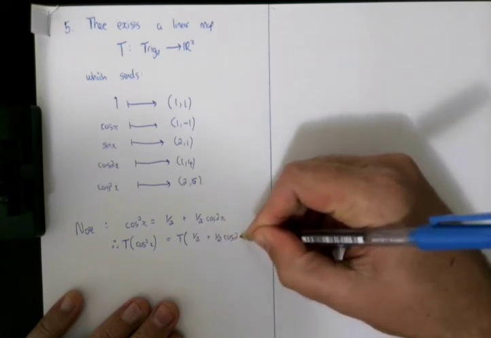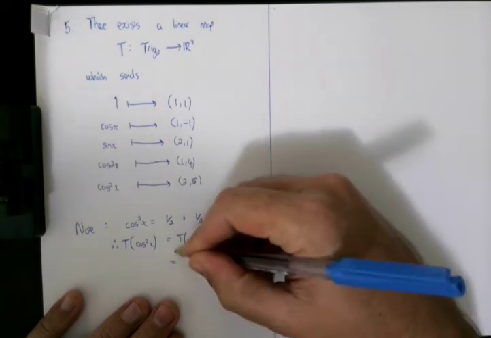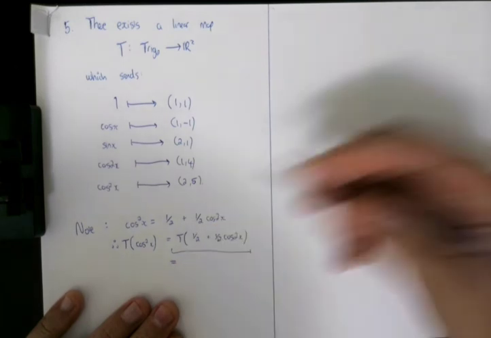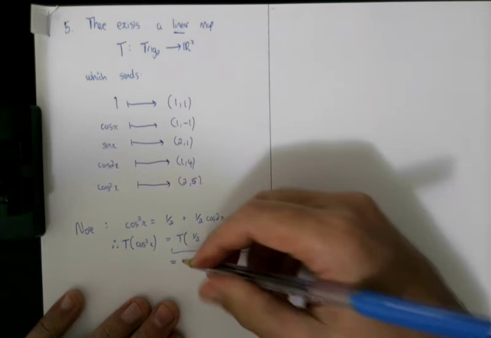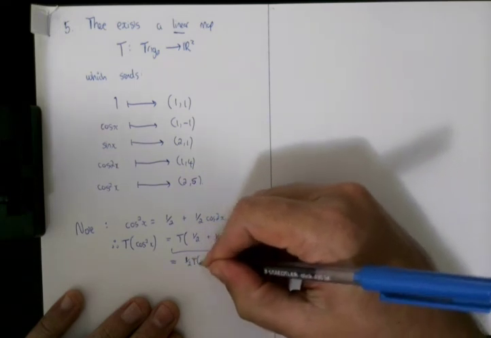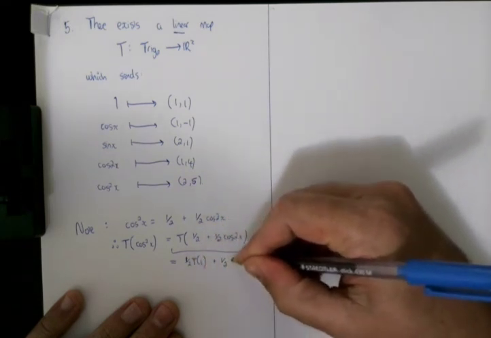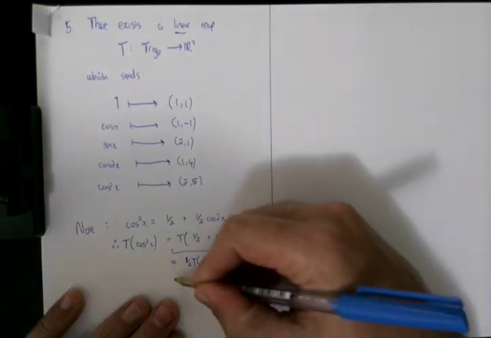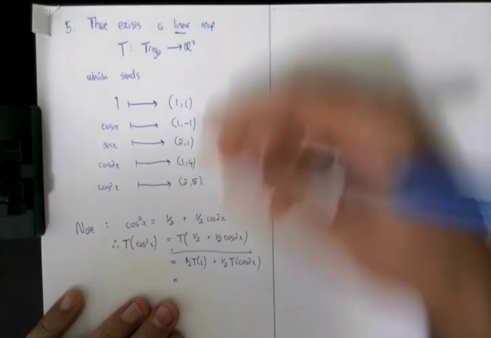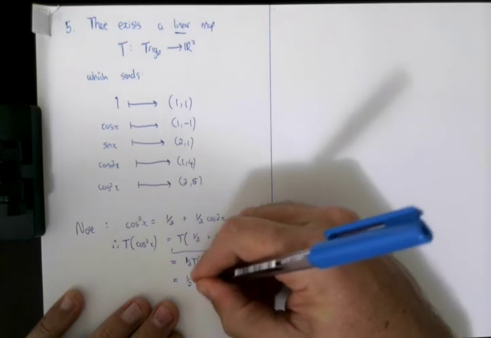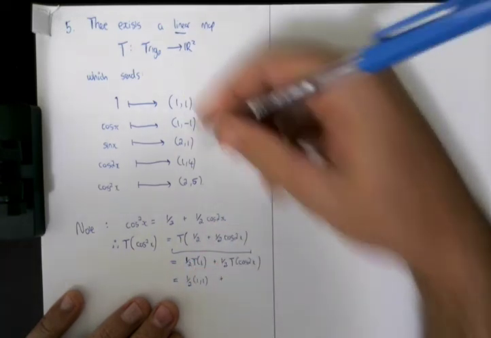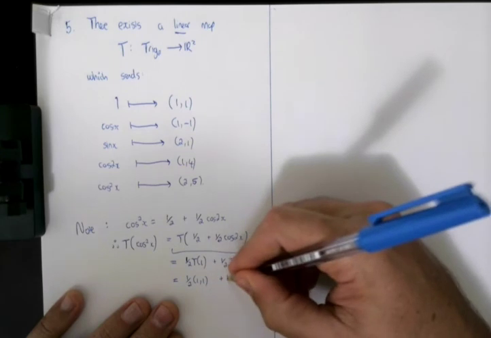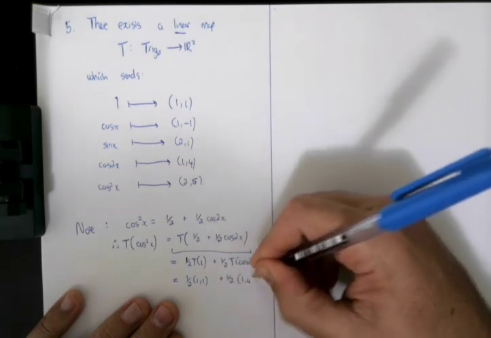In this right-hand side, we can simplify, if we assume that T is linear, we can write this as a half times T of 1 plus a half times T of cos 2x. And T of 1 is (1, 1). And T of cos 2x is (1, 4).